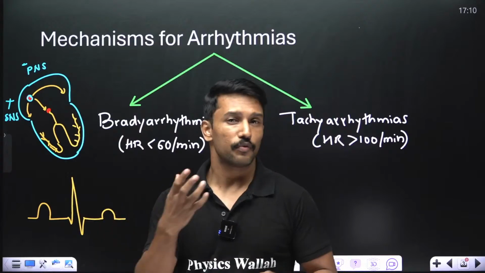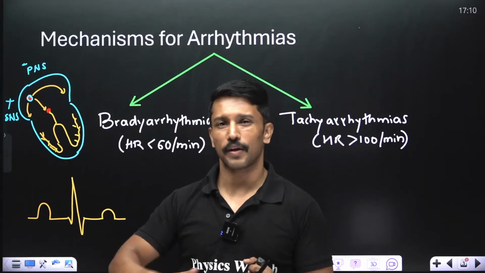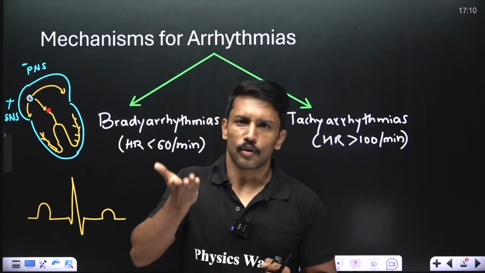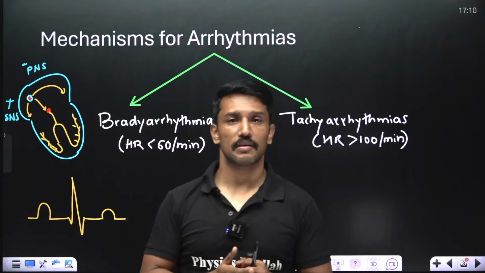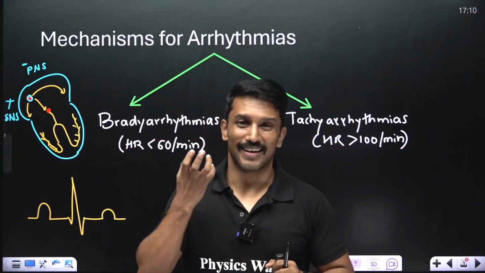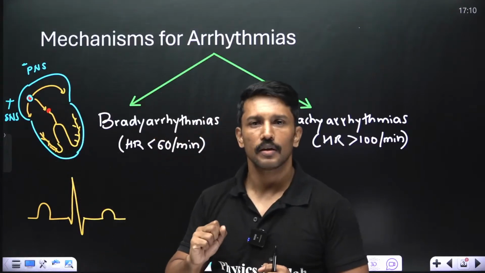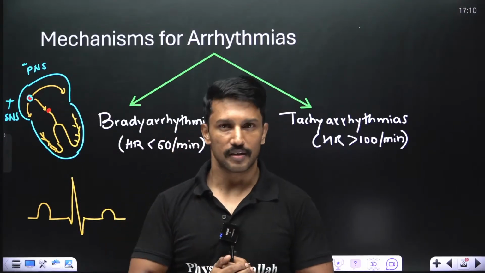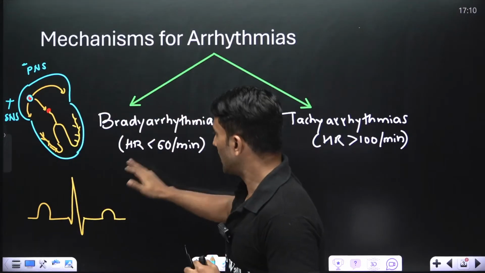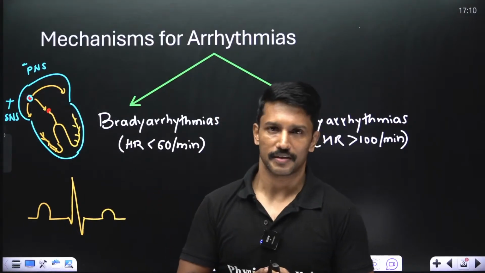Now, when I'm scared, what we all know as the fight, flight, fright response, the sympathetic nervous system gets activated. So the sympathetic nervous system, the adrenaline and noradrenaline, will stimulate the SA node to increase its automaticity. So the rate can now step ahead of 100 per minute, right?